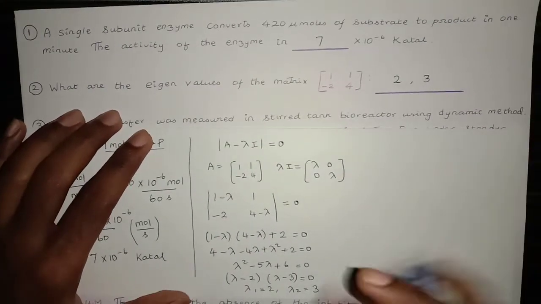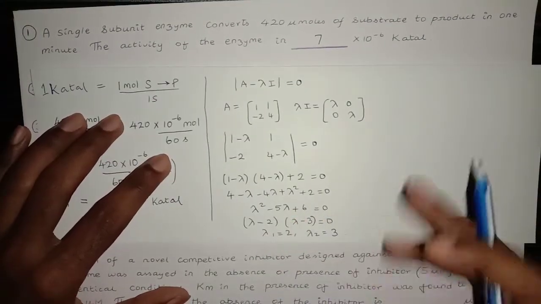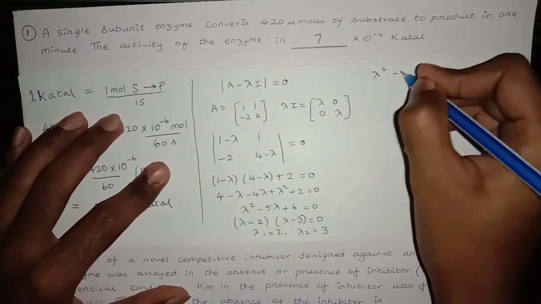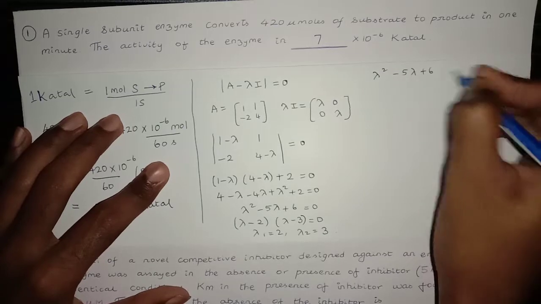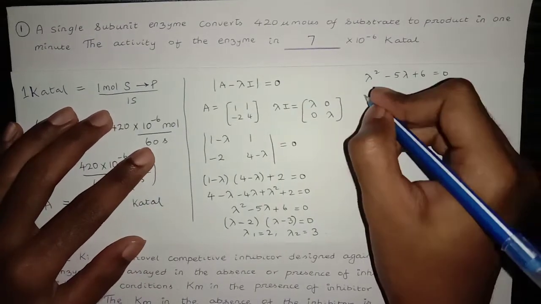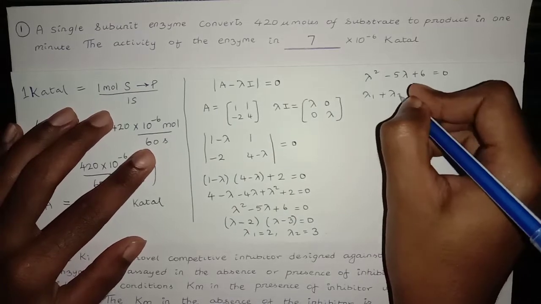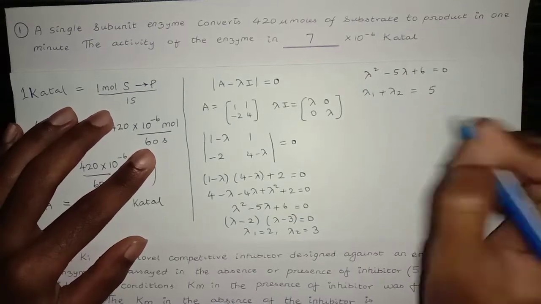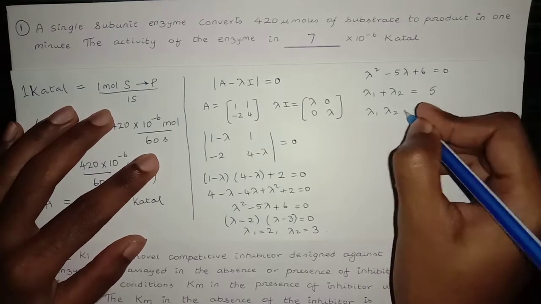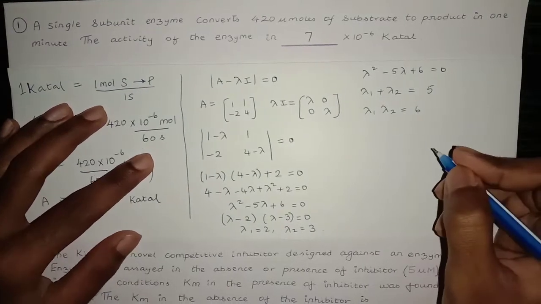Let's solve this quadratic equation in another method. So we have lambda square minus 5 lambda plus 6 is equal to 0. The sum of eigenvalues, lambda 1 plus lambda 2, is equal to 5. And the product of eigenvalues, lambda 1 times lambda 2, is equal to 6.